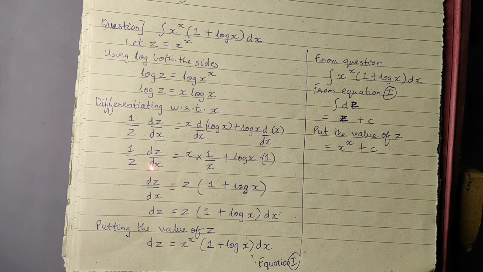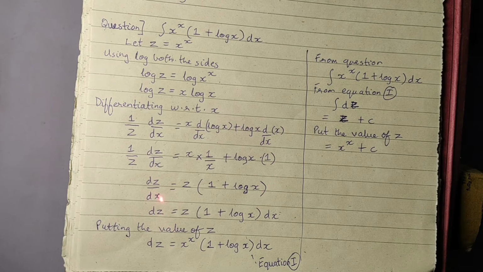Here this term will get cancelled. These two terms will get cancelled, x and x, since these are common terms. You will get balance 1. Okay, you have to put the bracket open, 1 plus this log x. So anything into 1, you will get that value itself, log x, bracket close.